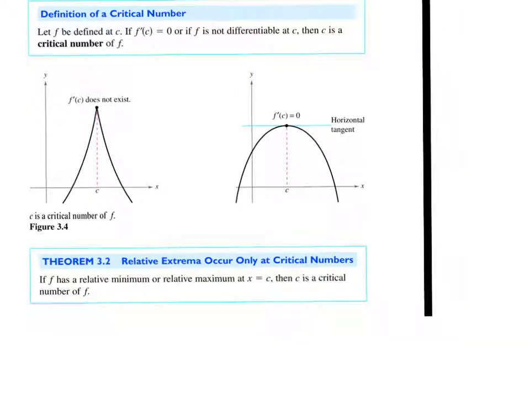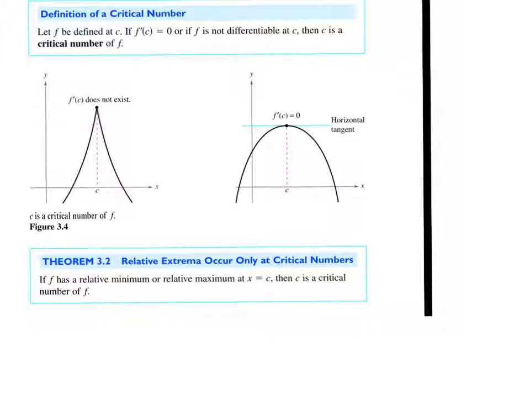This brings us to a very important concept in calculus, a critical number. A critical number occurs where the derivative at a certain x value either does not exist or equals 0.